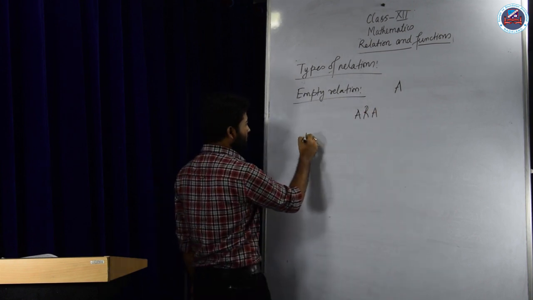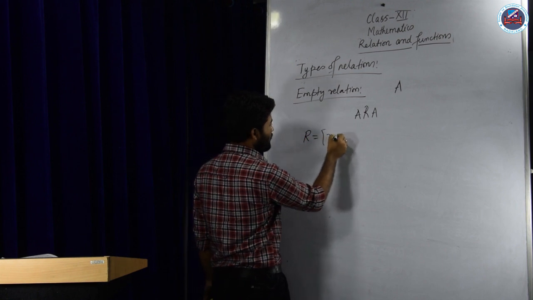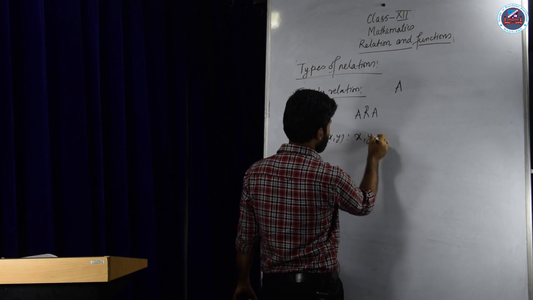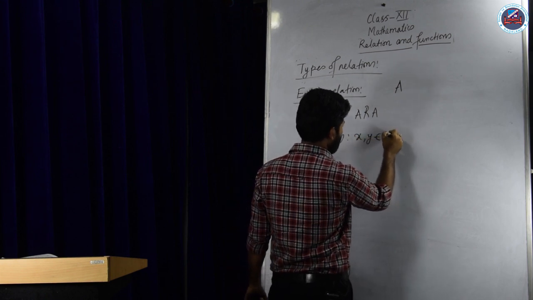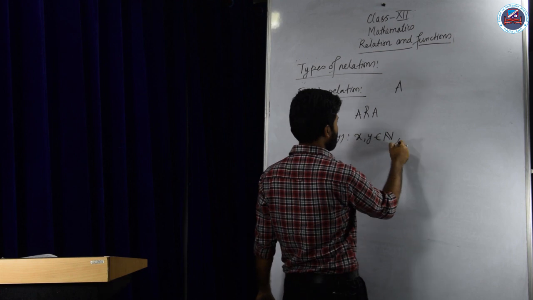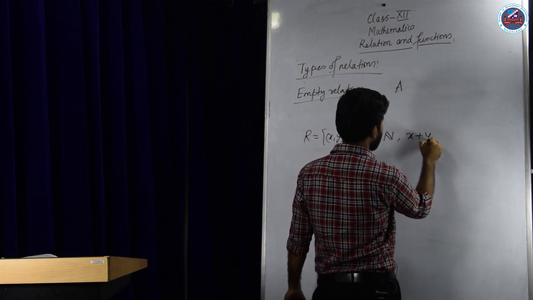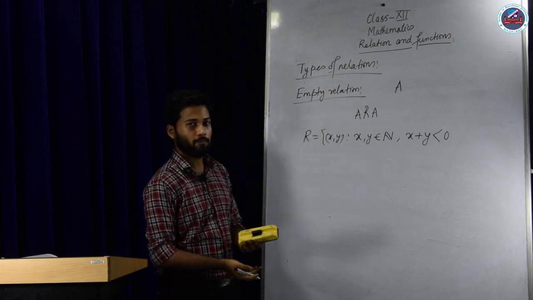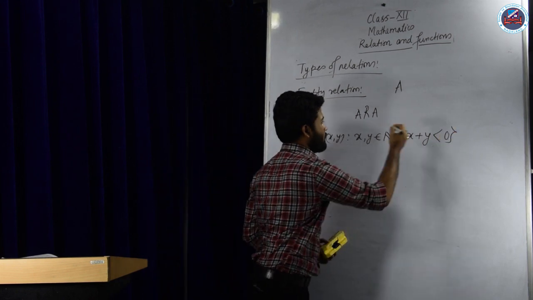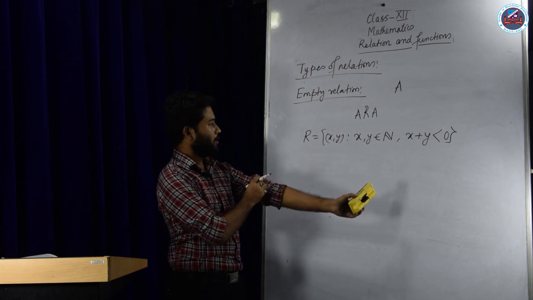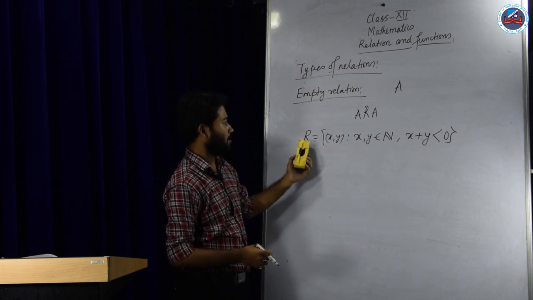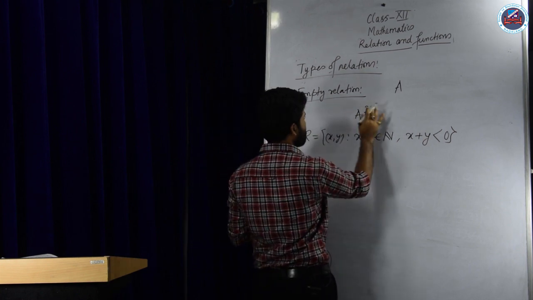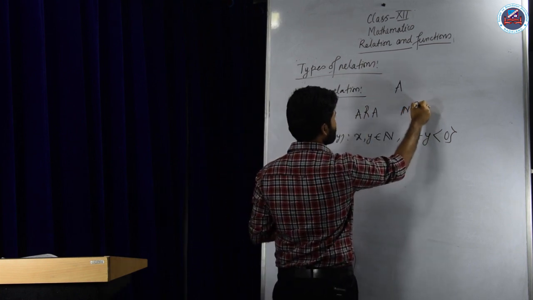So let me take a relation R equal to {(x,y) such that x, y belong to the set of natural numbers and x plus y is less than 0}. Now I have defined the relation on the set of natural numbers. So our A has been replaced by N now.